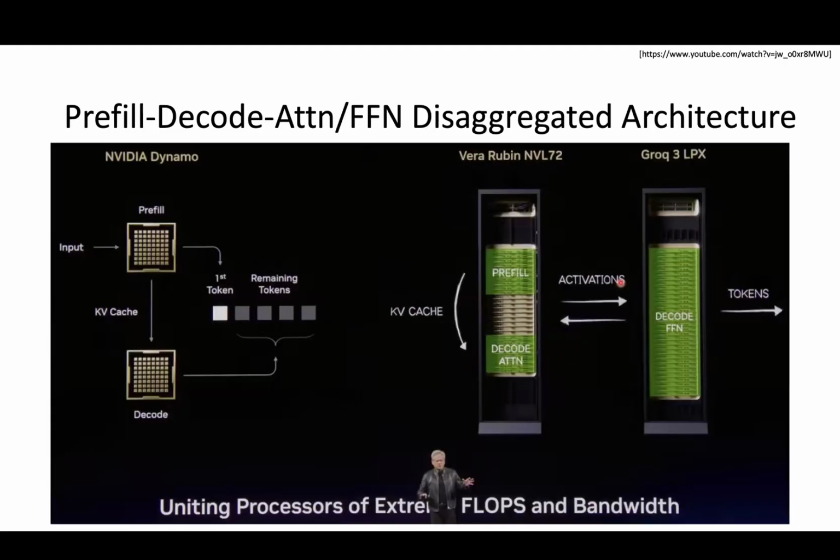That's why they proposed partitioning the prefill and generation operations of LLM execution in this way. On the GPU, they run prefill. For generation, they run attention here, but the feed-forward network on this Groq LPU rack by exploiting large on-chip memory bandwidths.